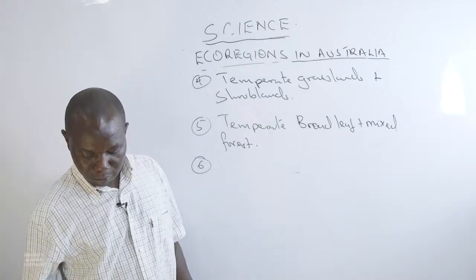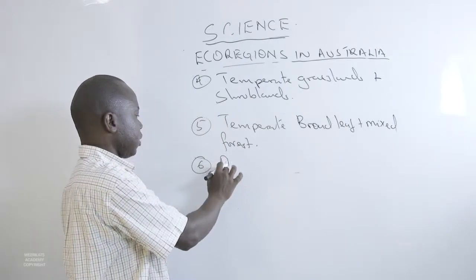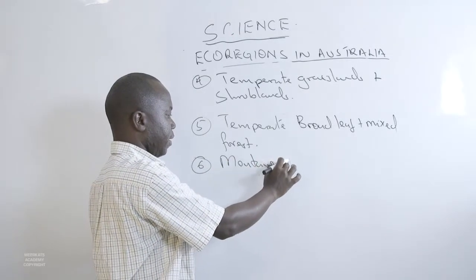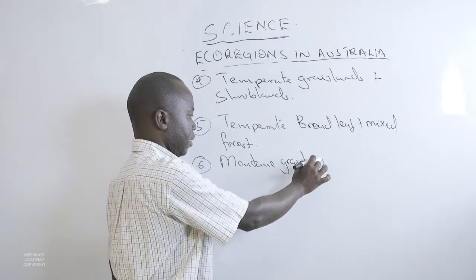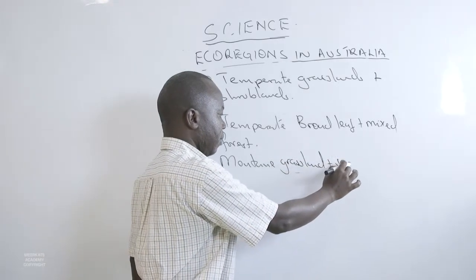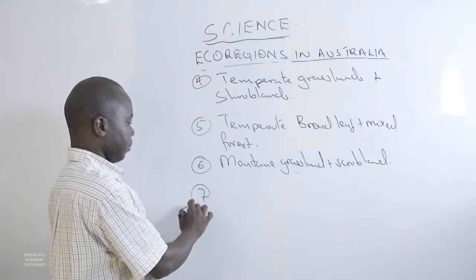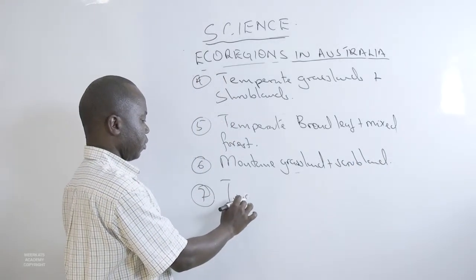And then we have montane grassland and scrubland. The last being the tundra ecoregion.